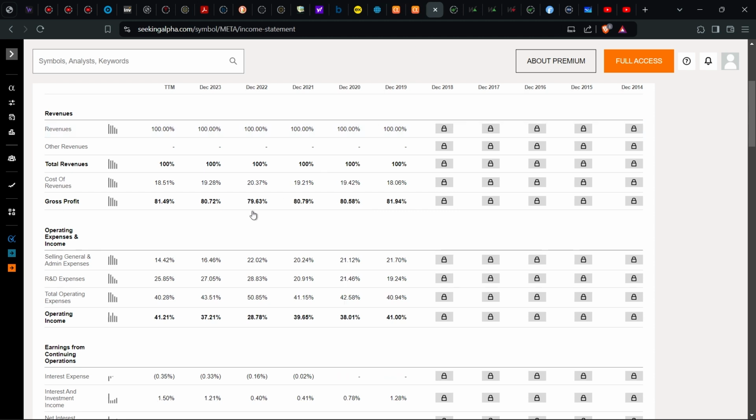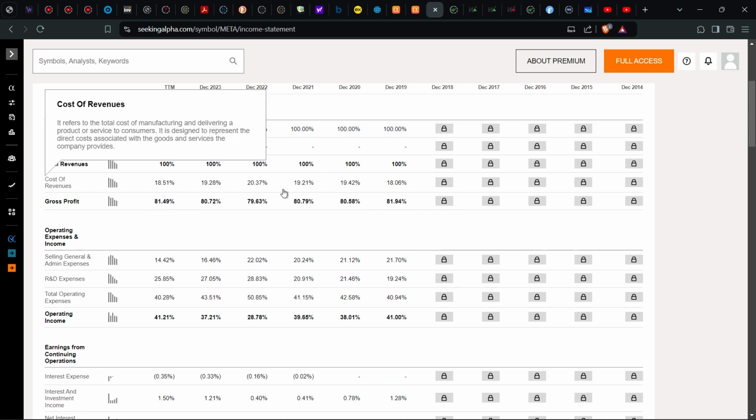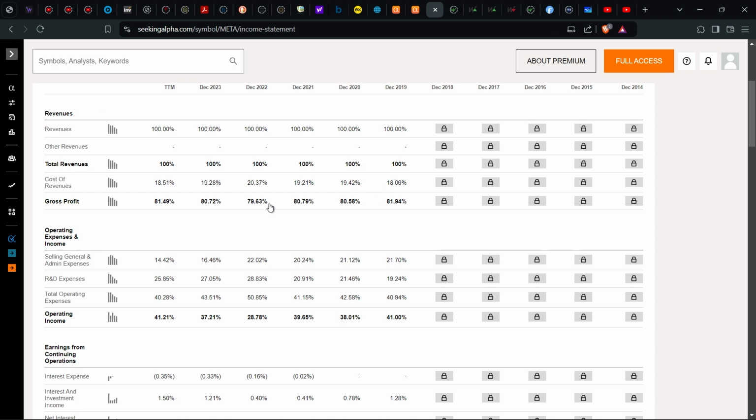This profit margin is quite high for a business that's dealing with products. But for a services business, this is the cost of revenue that's considered normal, and the profit margins are usually very high, meaning for every $100 in revenue, they only spent $18 to get that 100, and the remaining amount was 81.